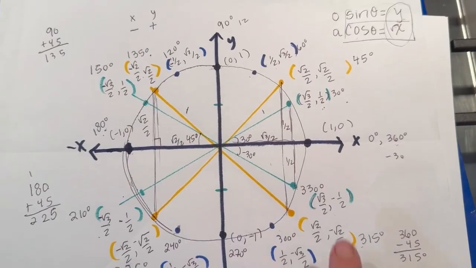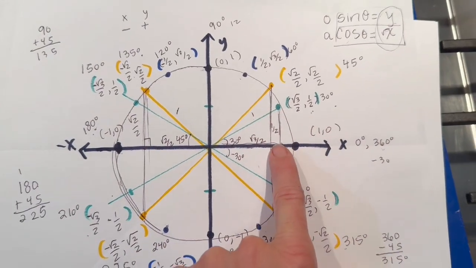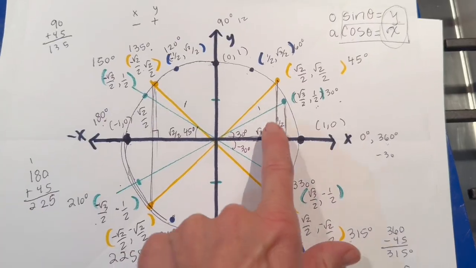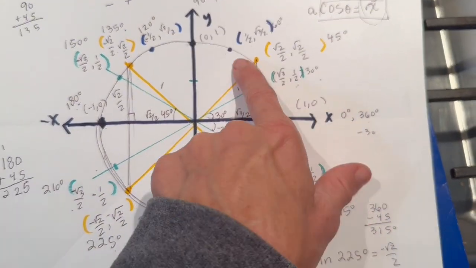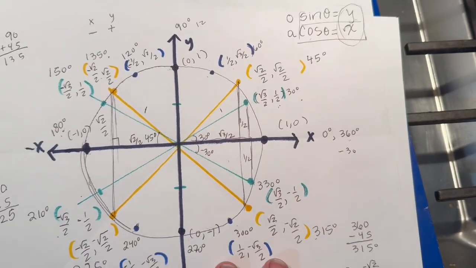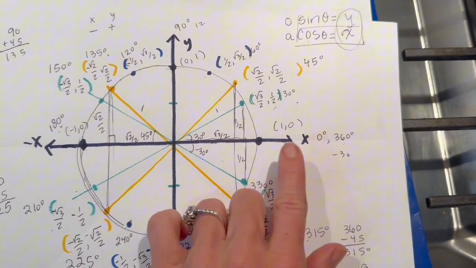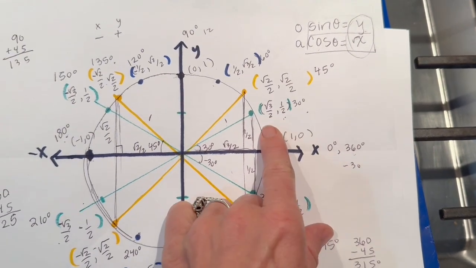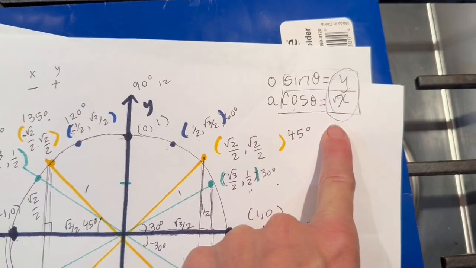You can see that it's made of these small triangles that are either a 30, 60, 90, a 45, 45, 90, or in these cases, a 60, 30, 90. What we like about these is that the coordinate is actually going to be the answer to either the sine or the cosine.